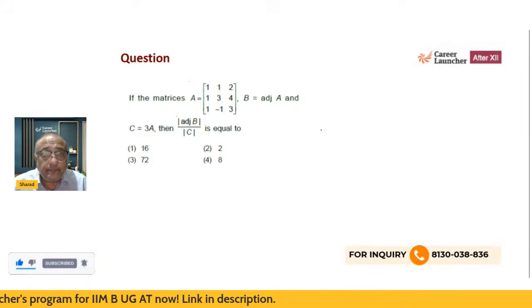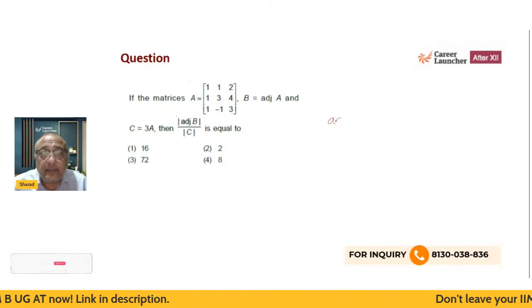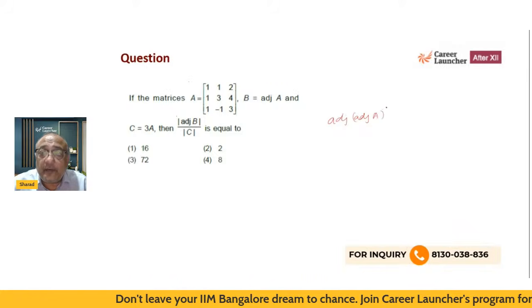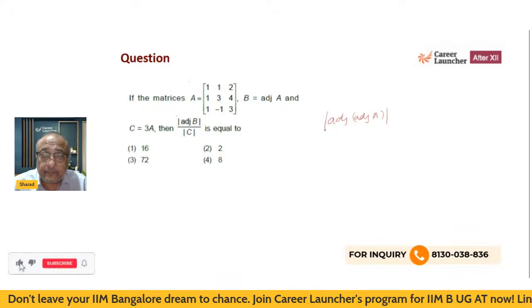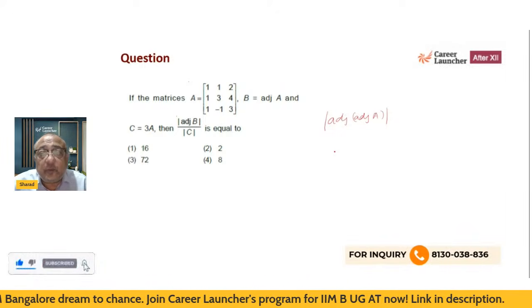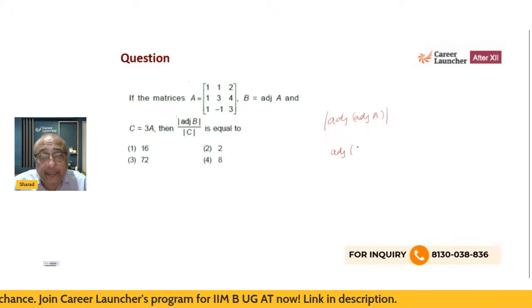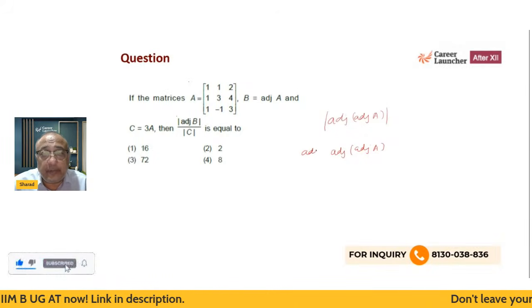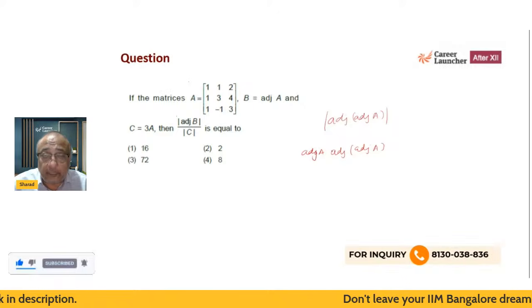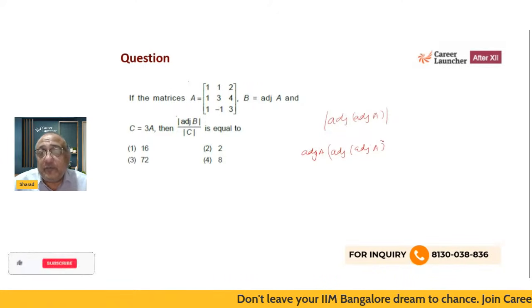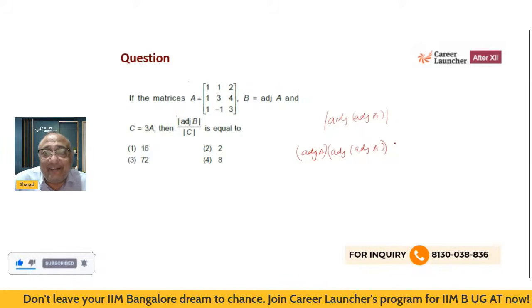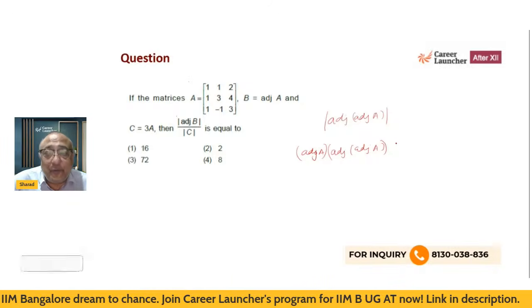Slightly difficult because it says adjoint of adjoint of A का determinant, right? जब हमें adjoint of adjoint A का determinant निकालना है, it's a tough concept. I'm sure a few of you might be knowing. If you forget the formula, I'm saying most of us remember the formula, but if somehow we forget, then how do we do it?